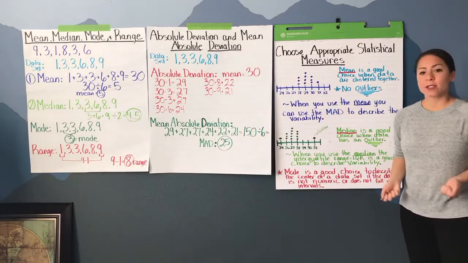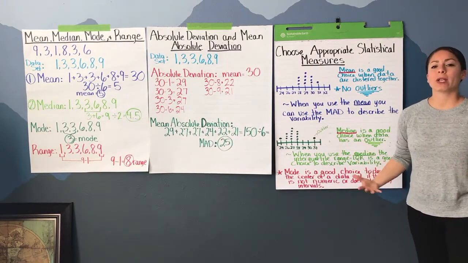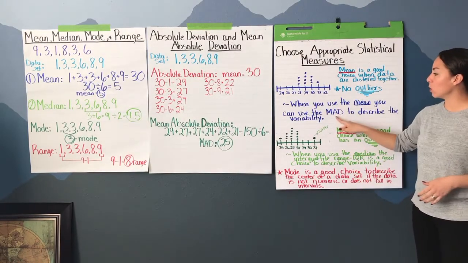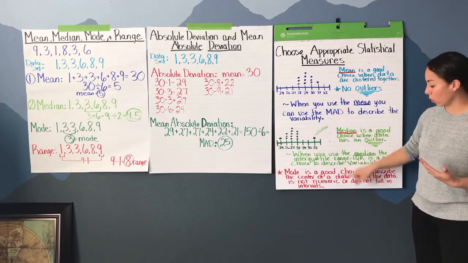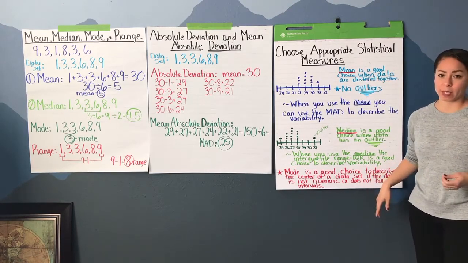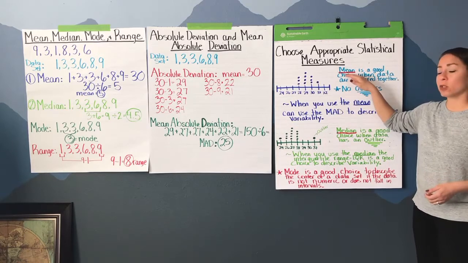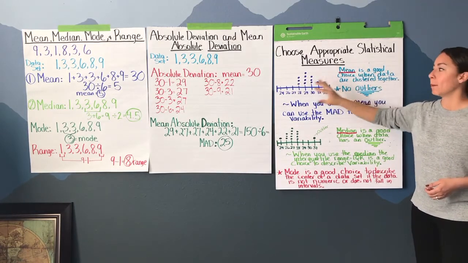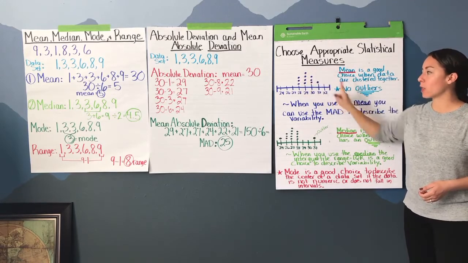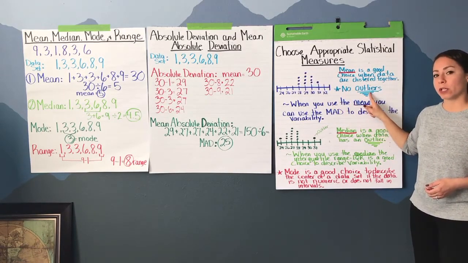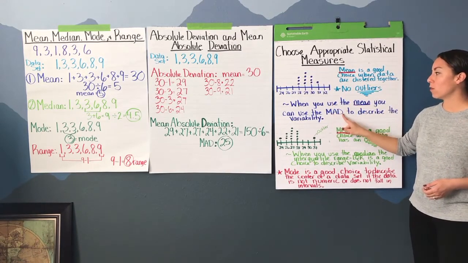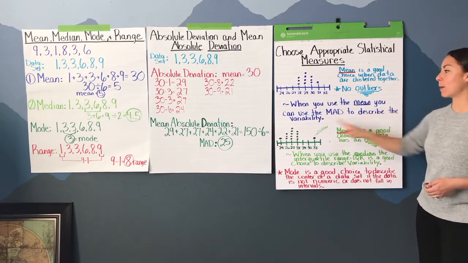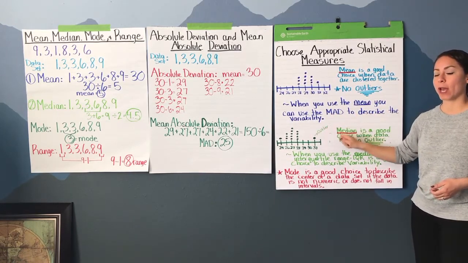Then they're going to ask you, can you describe the variability? That is when you use either the MAD or the interquartile range or something else. In this case, if you decide that mean is the best measure of center, because your data is nice and clustered and there are no outliers, then you're going to use the MAD to describe the variability, okay?